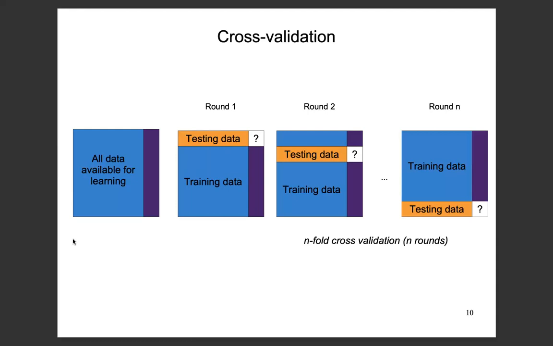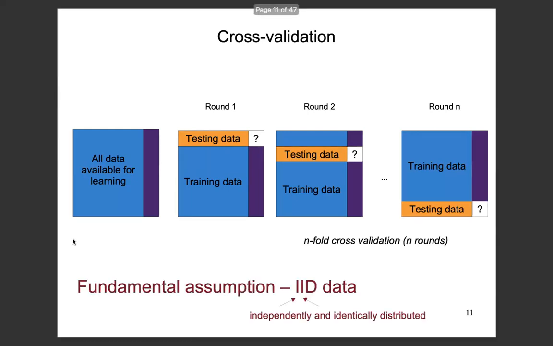This is very classical textbook stuff. An important part is that there is a fundamental assumption behind classical cross-validation that the data is independently and identically distributed. Independently means that each sample is drawn from the underlying distribution independently of each other, and identically means that throughout the data the distribution is the same.